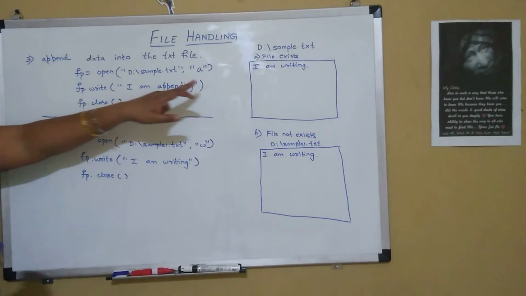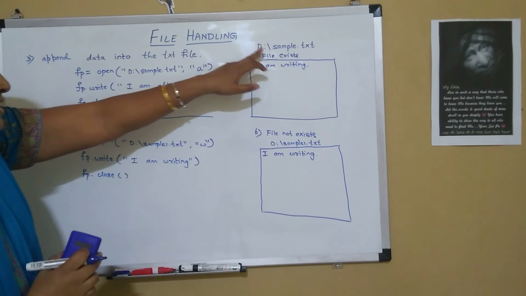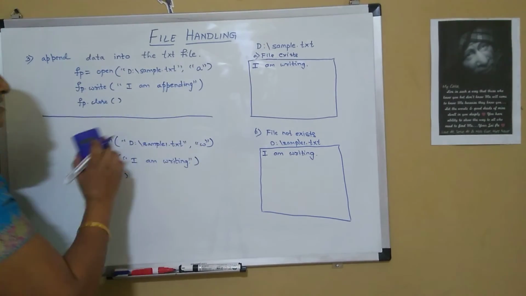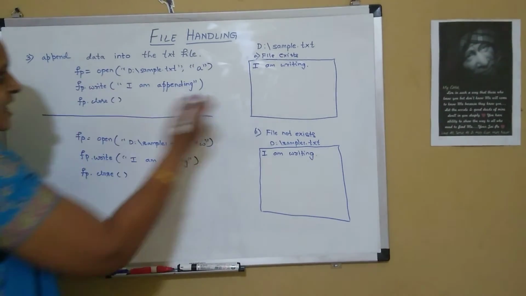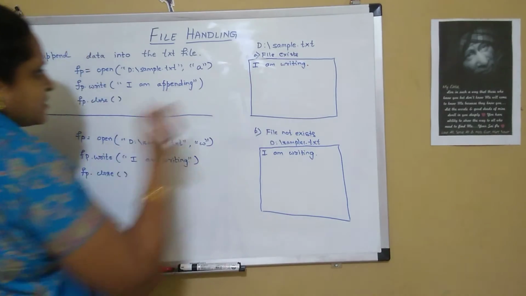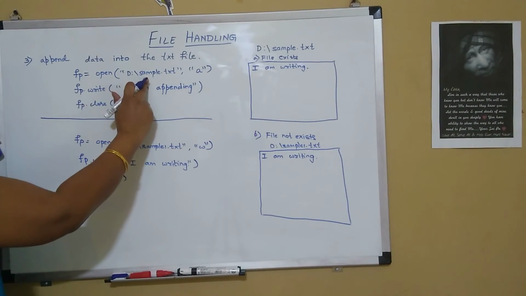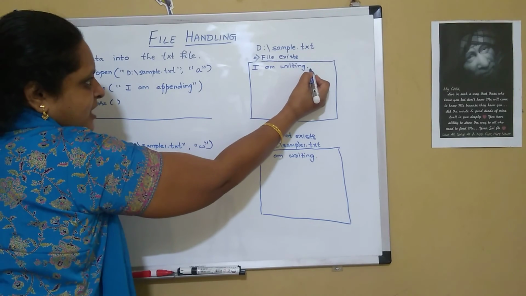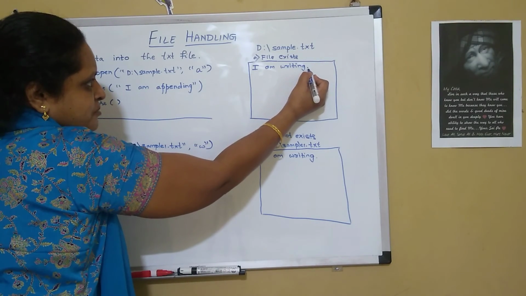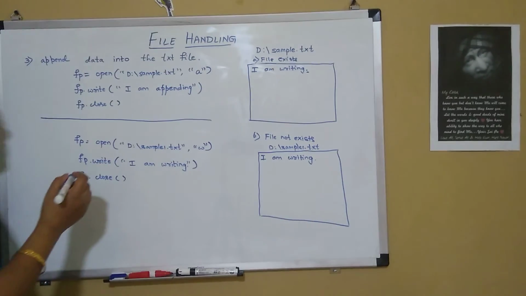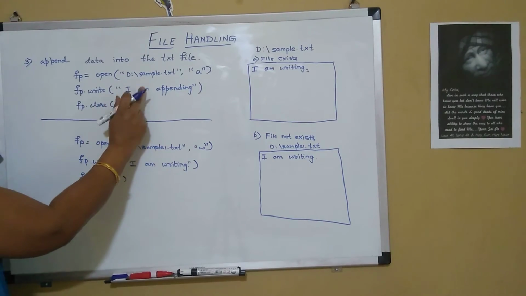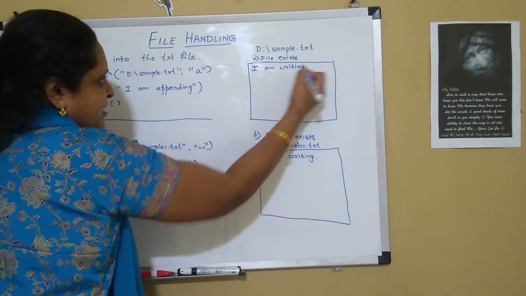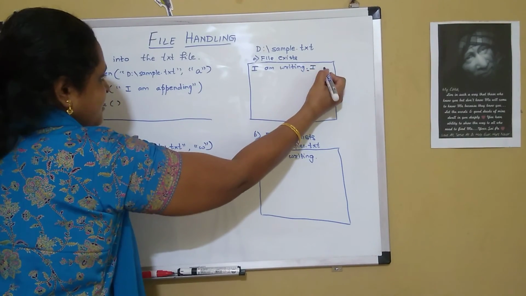So here the file exists in D drive. Sample.txt exists in D drive, and it is having the data I am writing. Whenever I open the text file in an append mode, the cursor will point at the end of the data. So whatever I am appending, it will just append after that particular data.